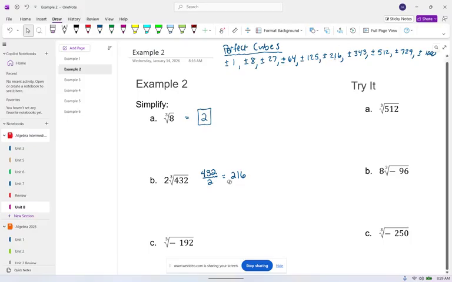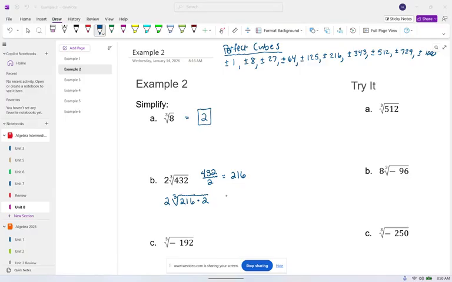And I notice that 216 is on my list. And it's in the 1, 2, 3, 4, 5, 6th position. So the cube root of 216 is 6. So we'll have 2 cube root, and we'll break it up into 216 times 2.